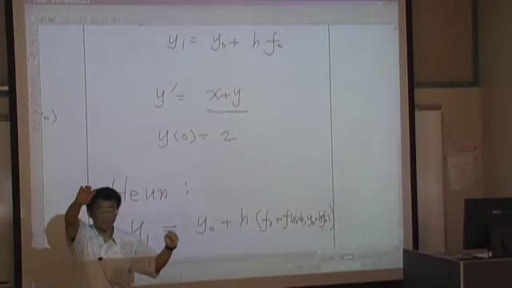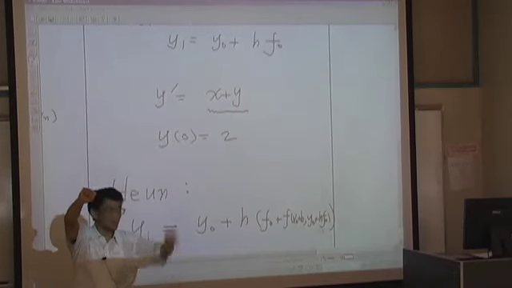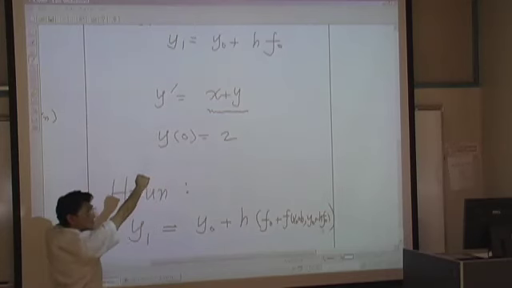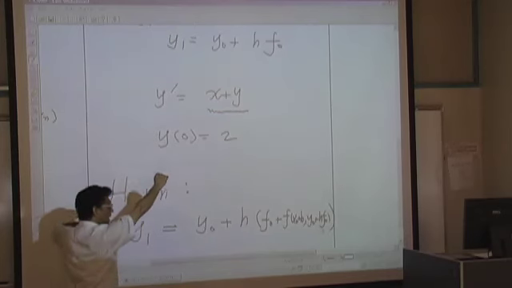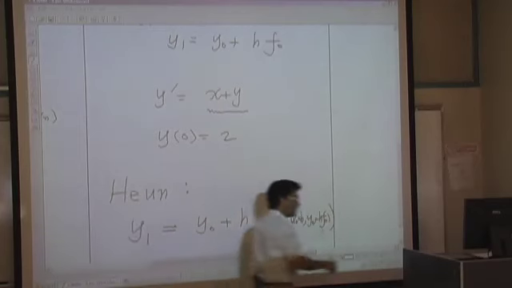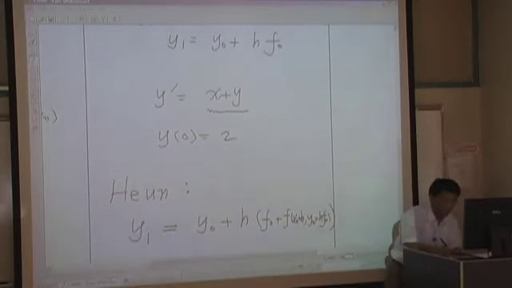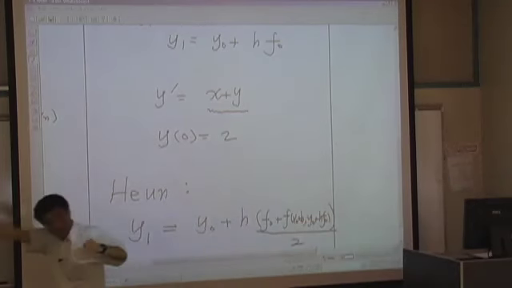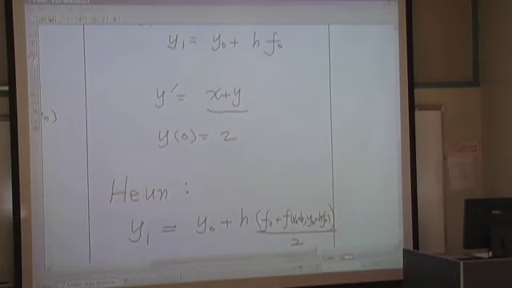He removed or balanced the dependency, because the Euler method depends on the previous point too much. So he tried to balance it by using an average, the average of the f0 value and the value that we can get at the next point. So this is what Heun did.